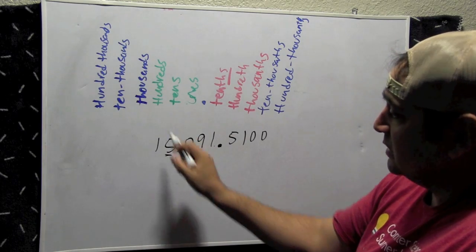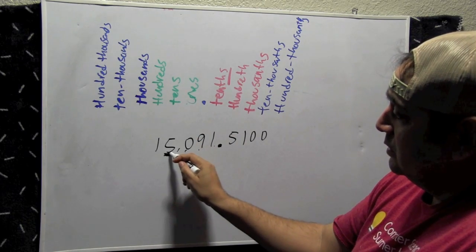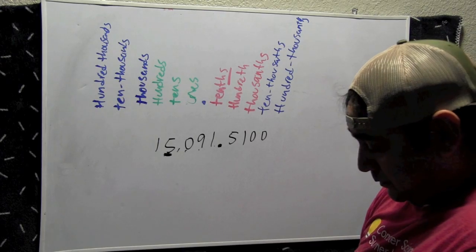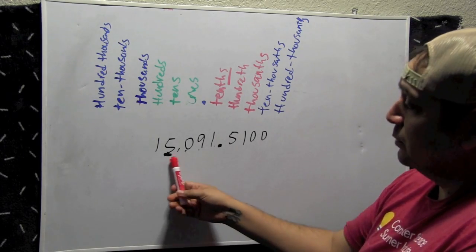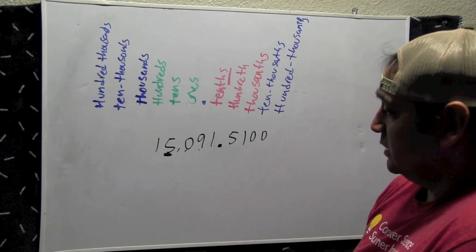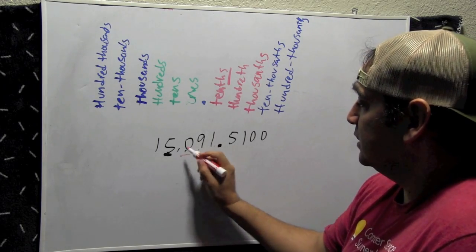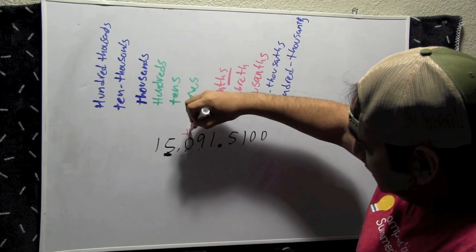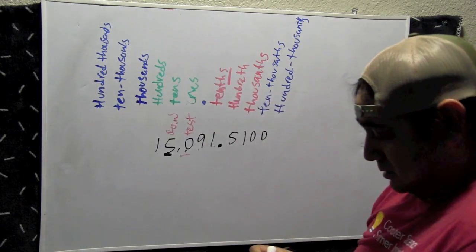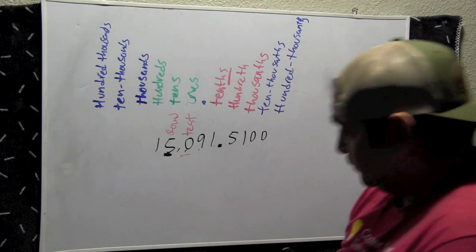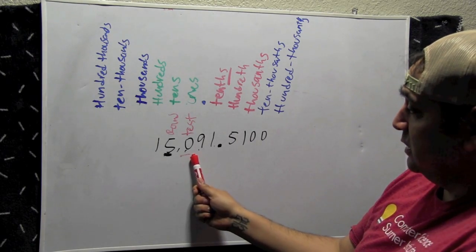So you're asking to round to this number right here. And the way you round it is you look at the number before, which is called your test digit. Just put test and put round. Okay. This is going to be your test digit.